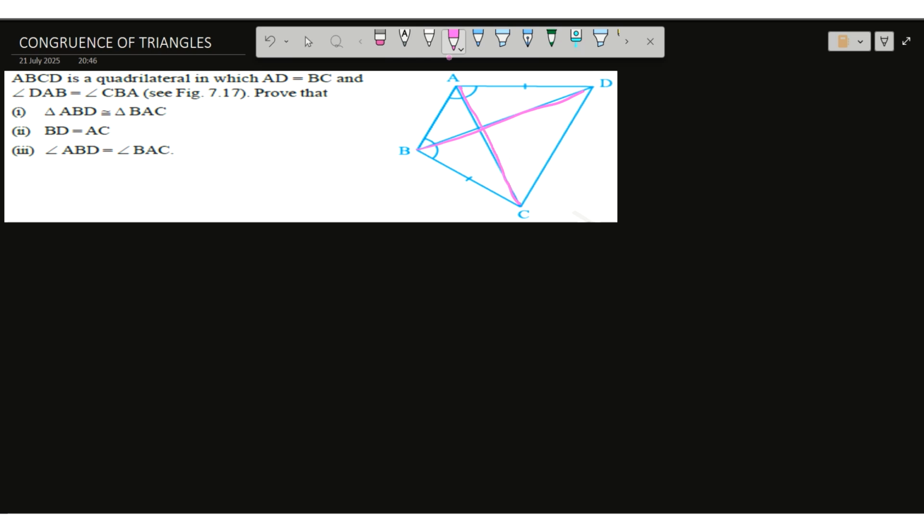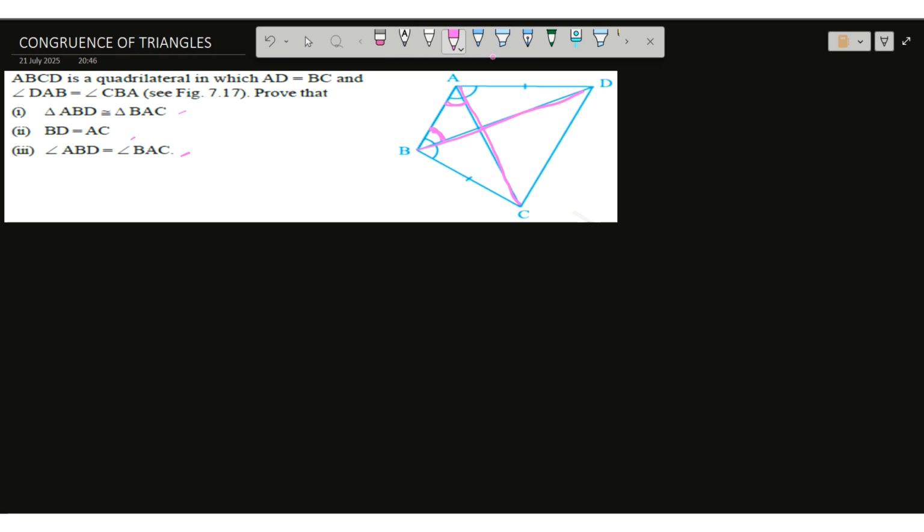And third, angle ABD is equal to angle BAC.